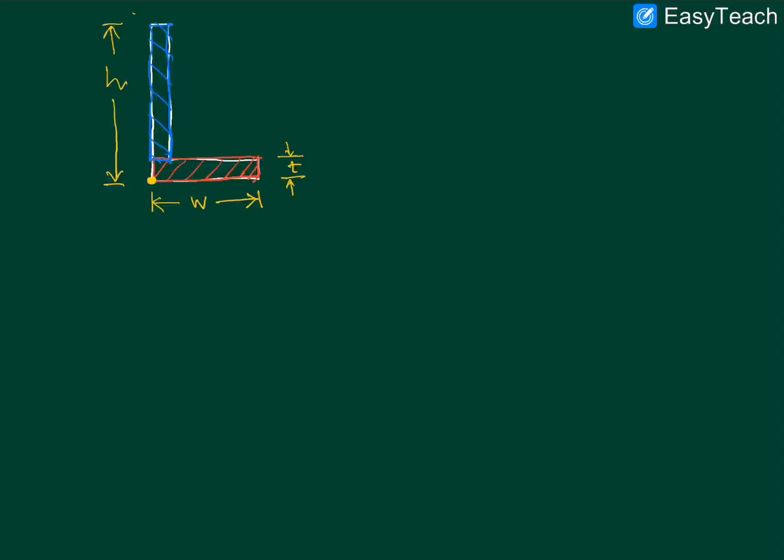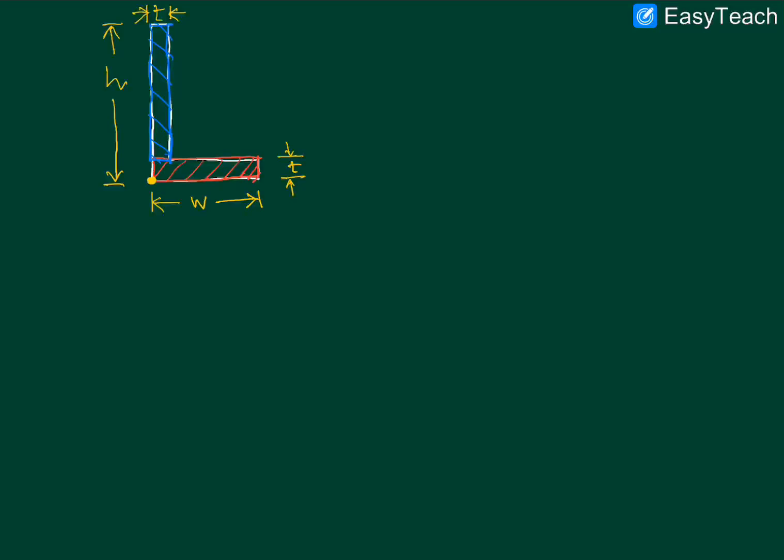Similarly, we have the same thickness for this particular leg of the L cross section. So both these legs have thickness T. So the centroid of the red colored cross section would be at W by 2 and T by 2. What about the blue colored cross section?